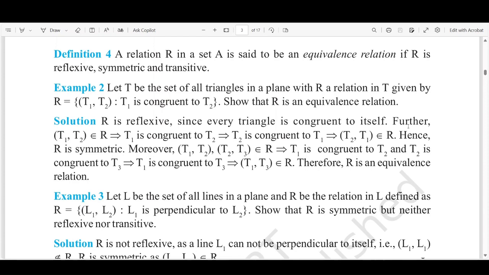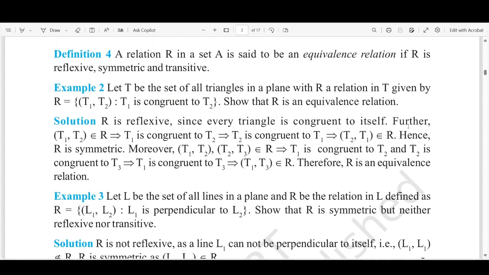Now, if you take three triangles T1, T2, T3 such that T1 is congruent to T2 and T2 is congruent to T3, now we have to check whether T1 is congruent to T3. Since T1 is congruent to T2, sides and angles between T1 and T2 will be equal. Also, T2 and T3 are congruent. So, this implies the sides and the angles between the triangles T2 and T3 are all equal.